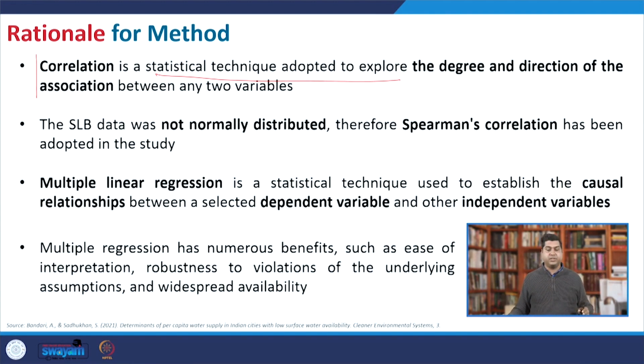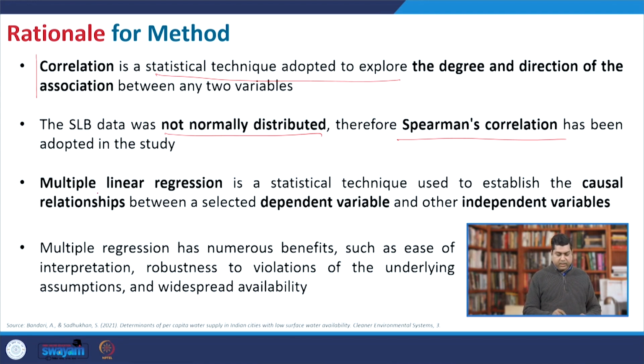The SLB data was not normally distributed, because these are just data points that we have considered. So Pearson correlation was not appropriate, and we used the Spearman correlation to see the association among the variables.